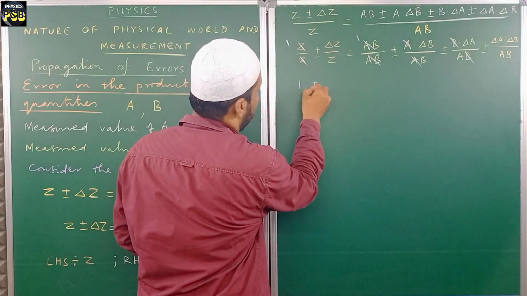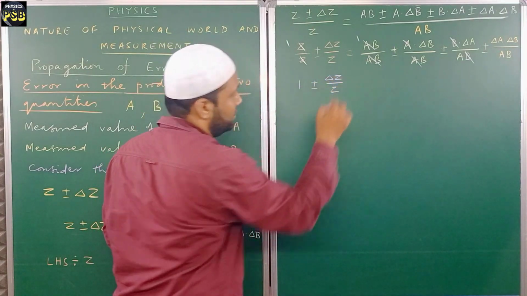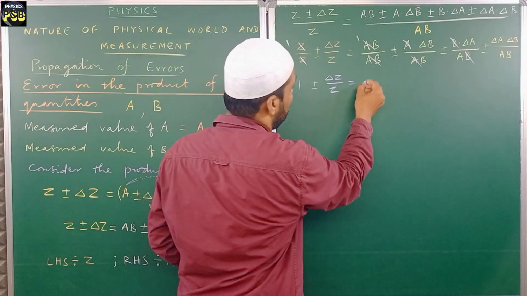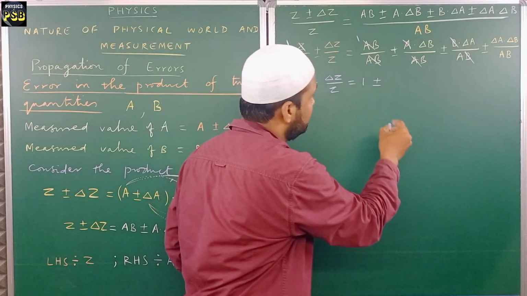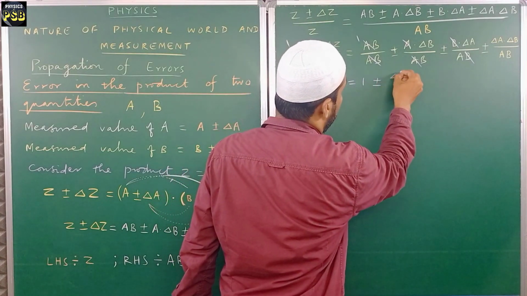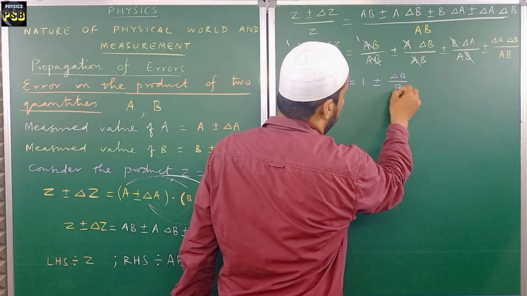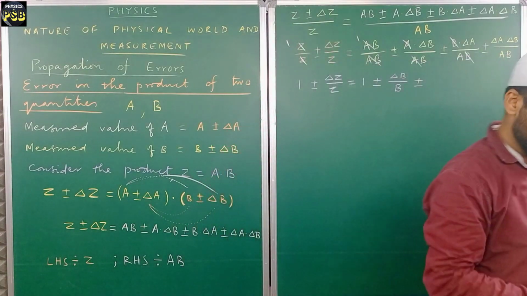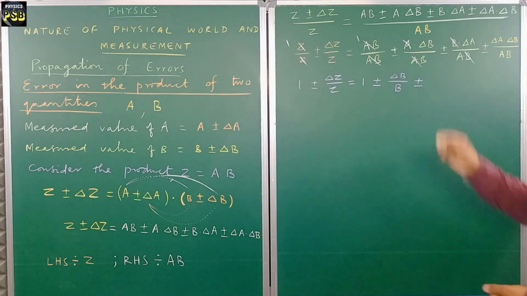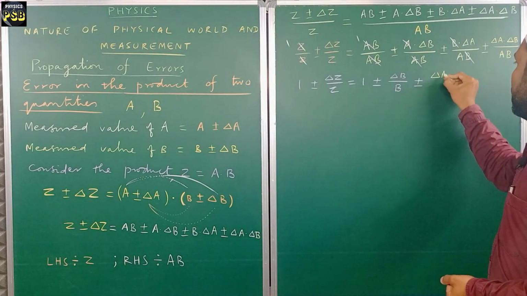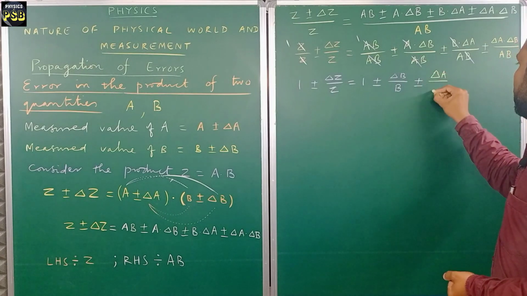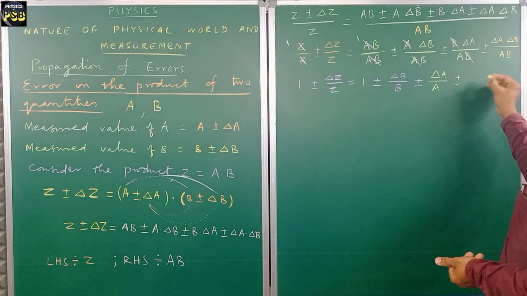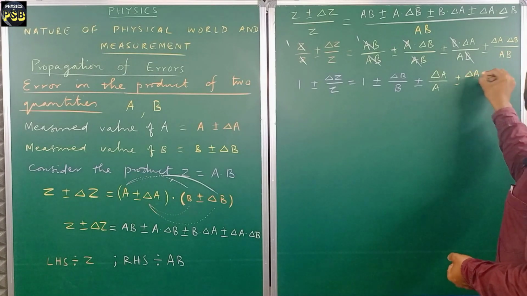Here 1 plus or minus delta Z upon Z is equal to 1 plus or minus delta B divided by B, then plus or minus delta A divided by A, then plus or minus delta A. Now see what I do.